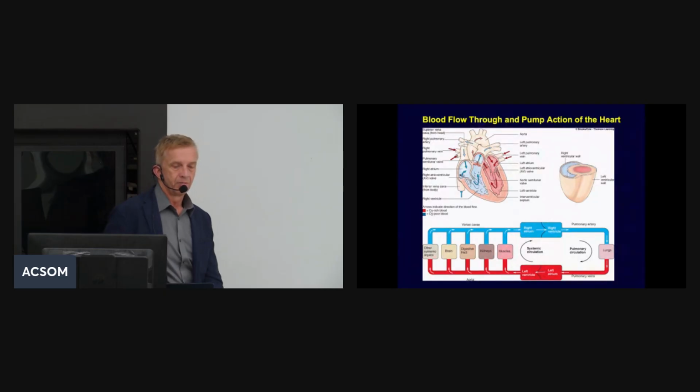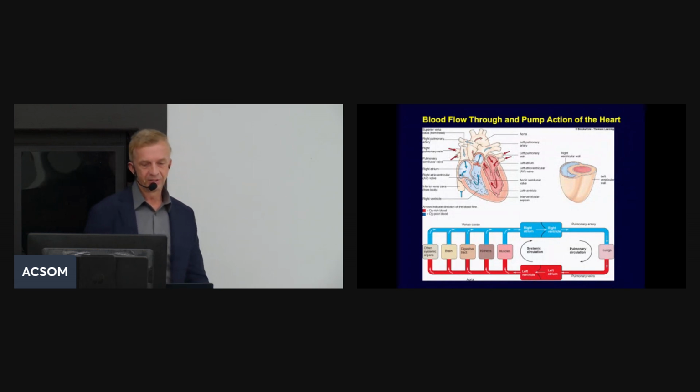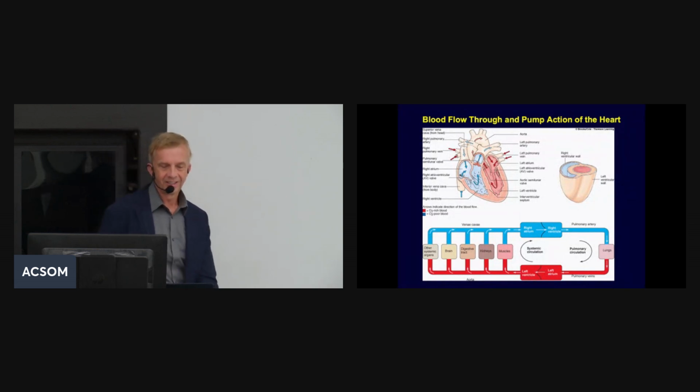The brain is a small organ, but do you know how much cardiac output is delivered to the brain physiologically? Yeah, 15 to 20%. So the part of the blood that goes to the neck and the head is 15 to 20%. It's a very metabolically active organ.